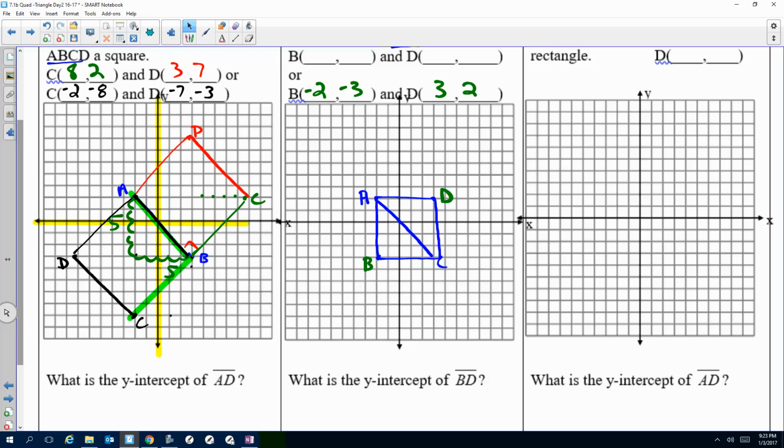So here they want us to find the y-intercept of AD. So the y-intercept is the point where the line crosses the y-axis.